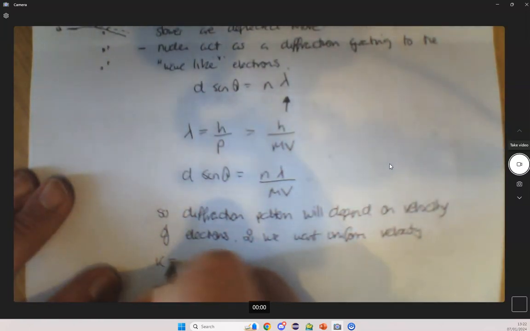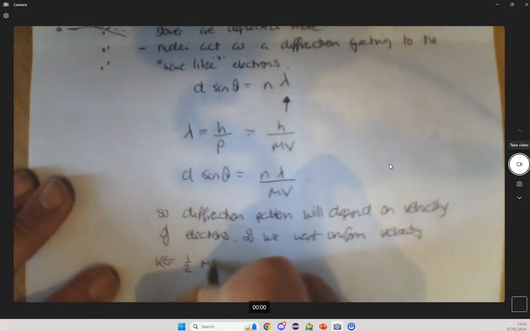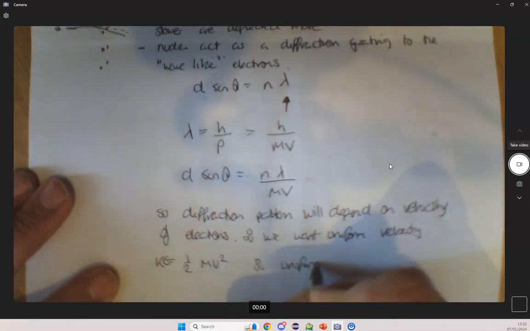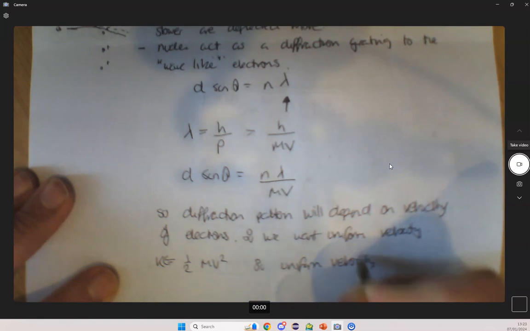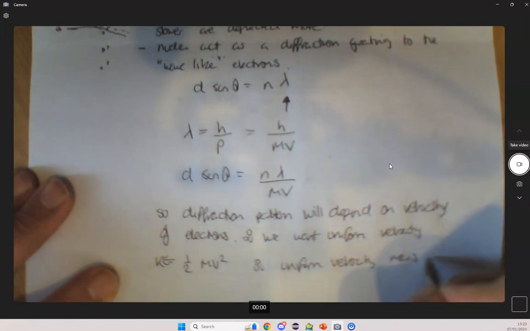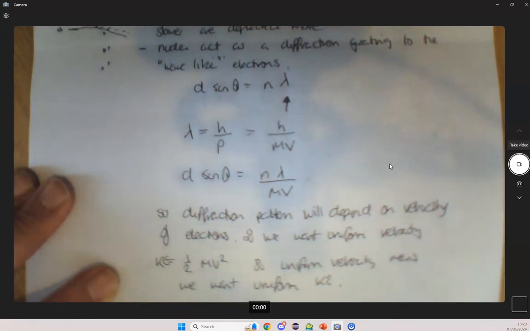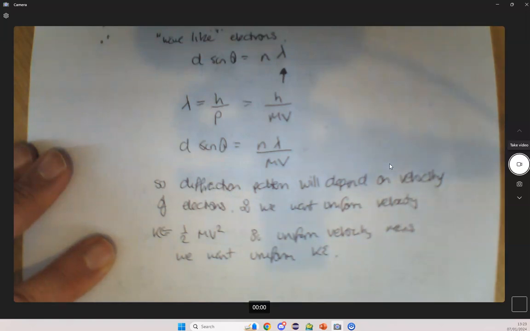So we know kinetic energy is a half mv squared, therefore uniform velocity means we want uniform kinetic energy. Hopefully that makes sense. Thank you very much.